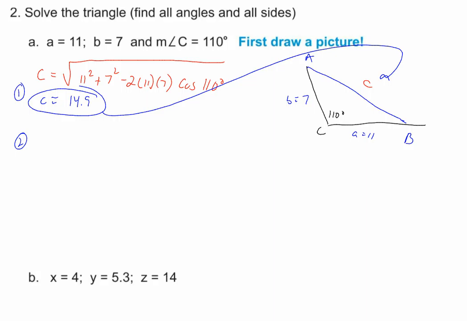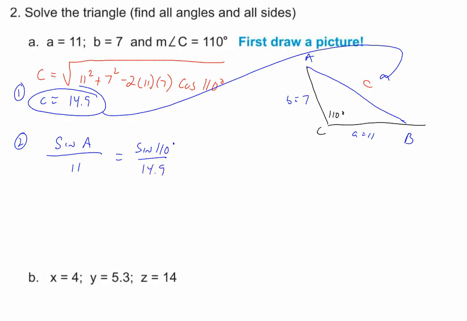You want to use the law of sines? Most students like the law of sines better. That's what I would do. So I would do sine of angle A over its opposite side, 11, right? Equals the sine of angle C. That's the only one we know, right? So the sine of 110 divided by the value of C, which we just found, 14.9.